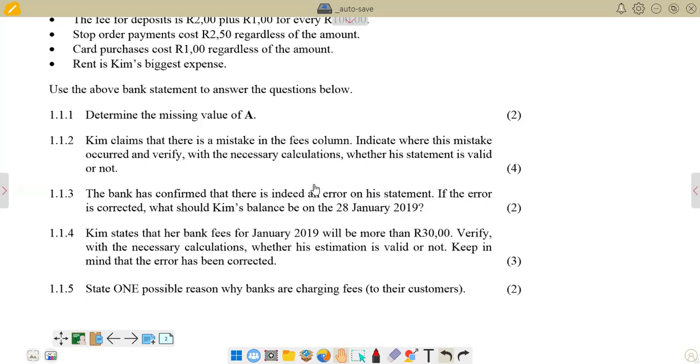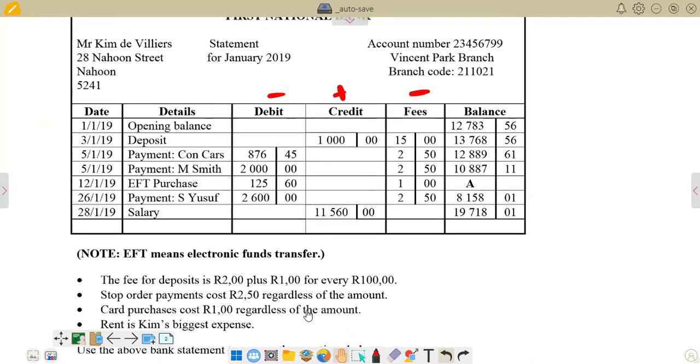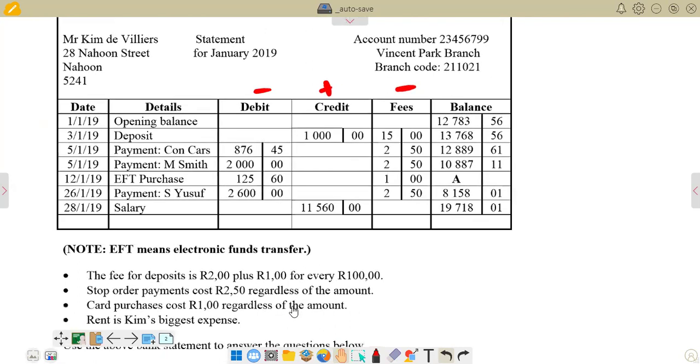So what this question is asking, prior to the calculation that we have made earlier, whereby we have indicated that there's an error, is for us to calculate the actual balance that should be there after correction of that error.